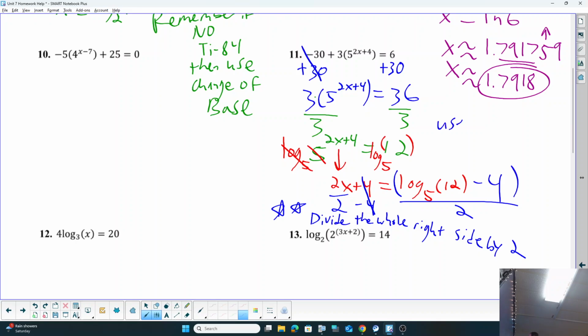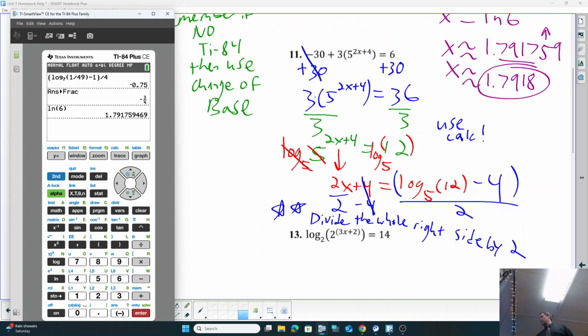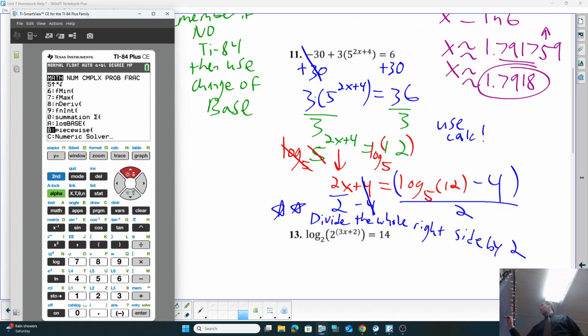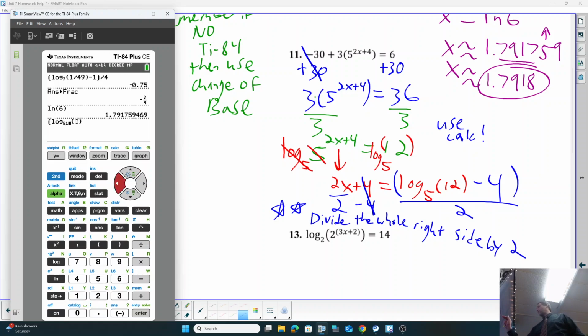And now we're going to use our calculator. We do parentheses, then the math button, which has a log base, option A. So we have log base 5 of 12, good. Minus 4, because we subtracted 4 from the other side.